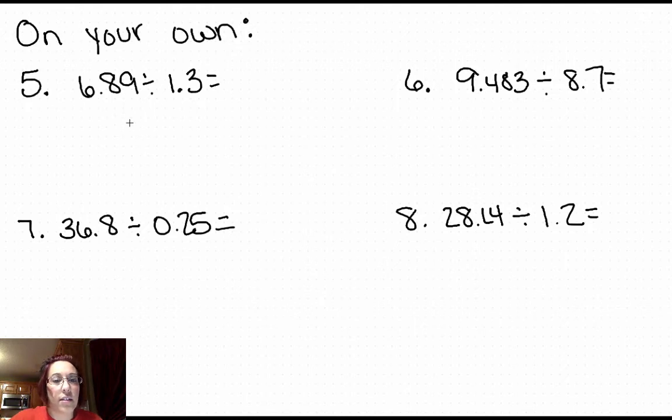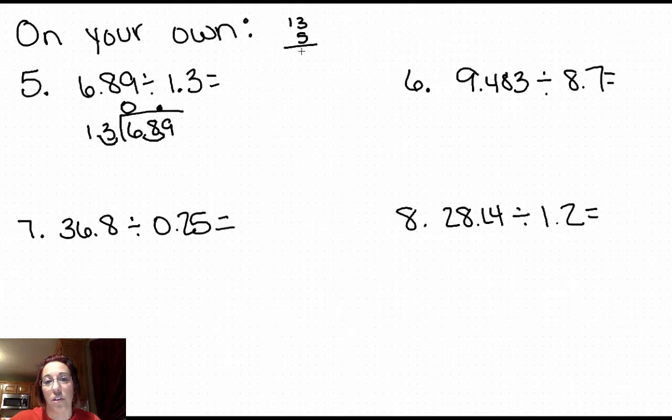Okay, let's get this set up. So 6 and 89/100ths, 1 and 3/10. Move your decimal 1, move your decimal 1, bring it to the top. 13 will not go into 6, but it will go into 68. Let's try 5, because 6 would be too many.